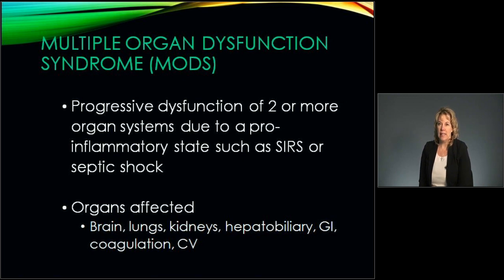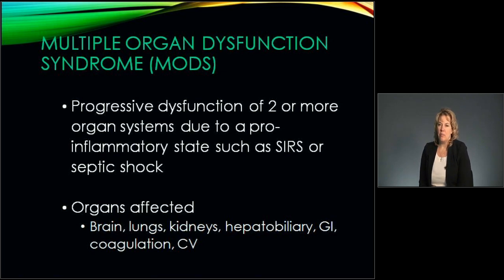When the tissues aren't getting the oxygen that they need, then obviously we move into that anaerobic metabolism and increased production of lactic acid, and they can very quickly progress into a multiple organ dysfunction syndrome. So that basically leads to this progressive dysfunction of at least 2 or more organ systems that start to fail.